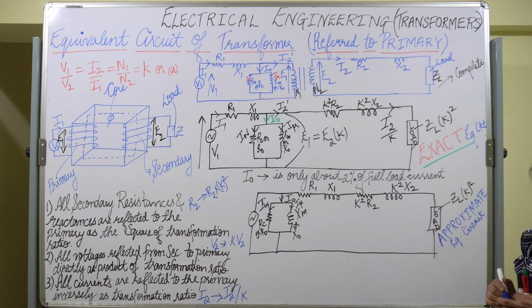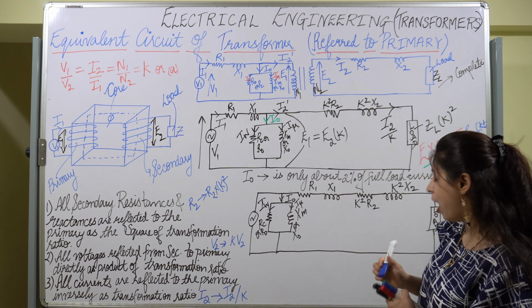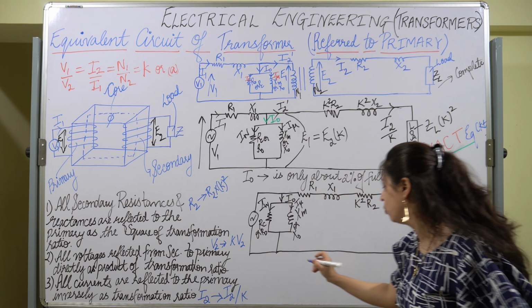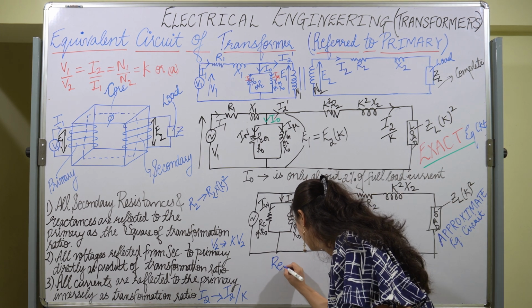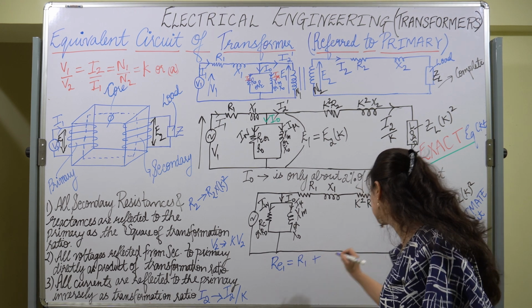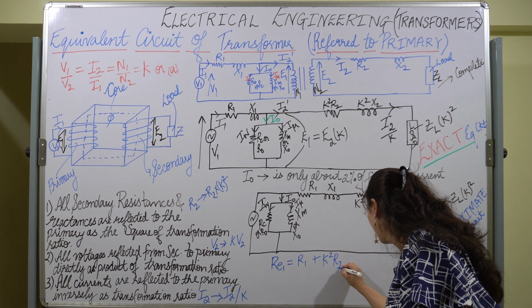Okay, so now we can easily calculate RE1, equivalent 1. RE1 will be equal to R1 plus K square R2.